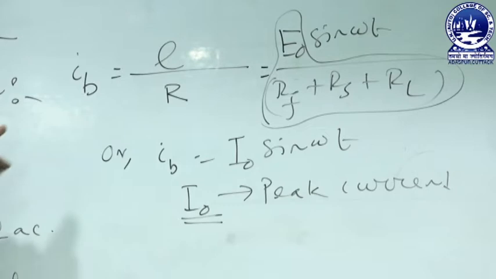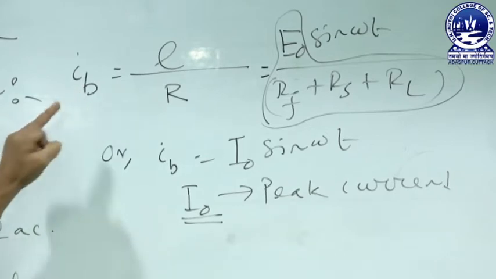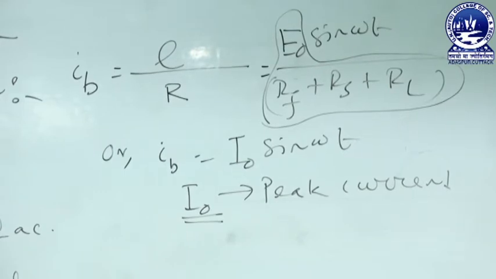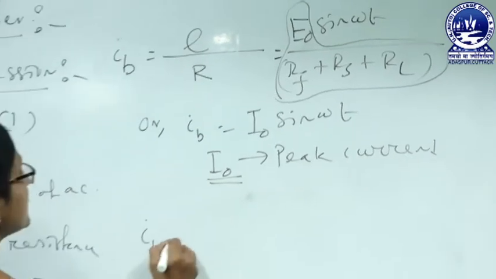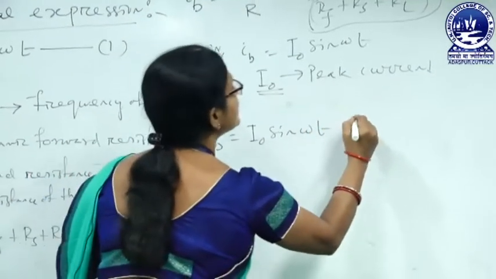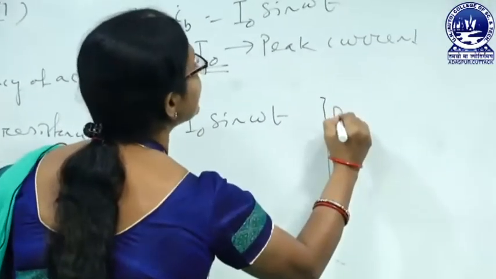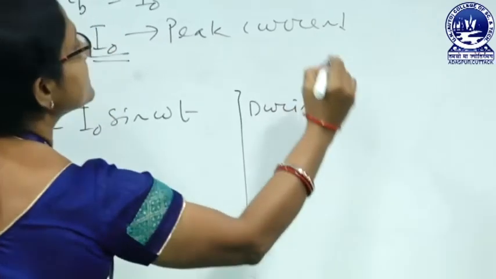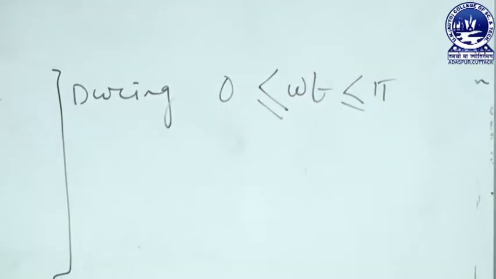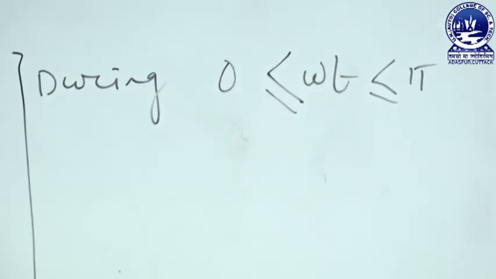Since that instantaneous current is only flowing during the positive half cycle, IB equals I naught sin omega t during 0 less than or equal to omega t less than or equal to pi. But what about during the negative half?